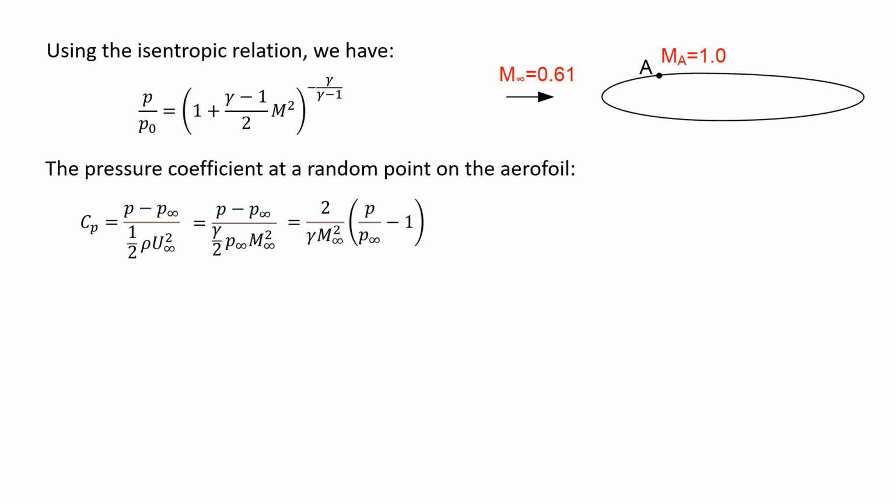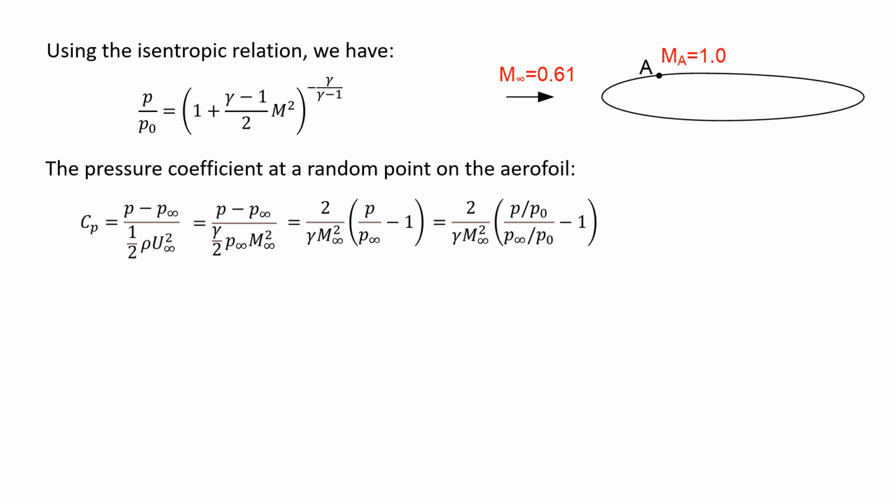Then we take the common terms out and reorganize it. Finally, in the bracket, it can be two ratios. On top is the local pressure ratio with respect to the total pressure, and the denominator is the free stream pressure divided by the total pressure.